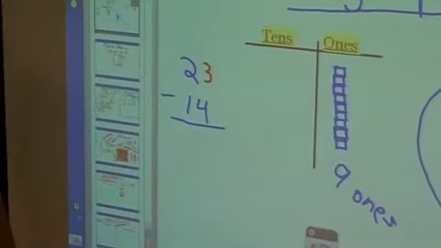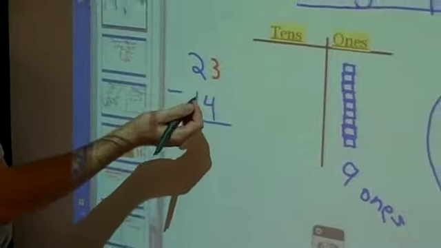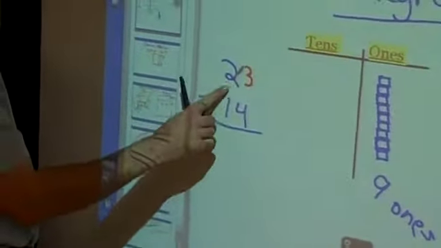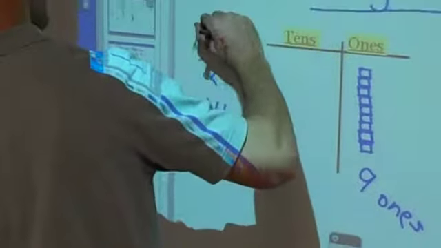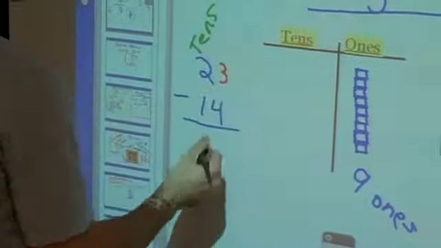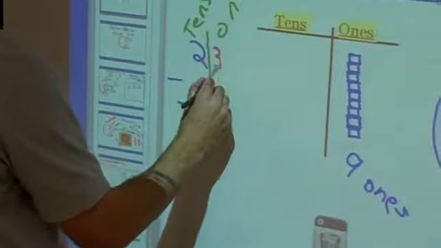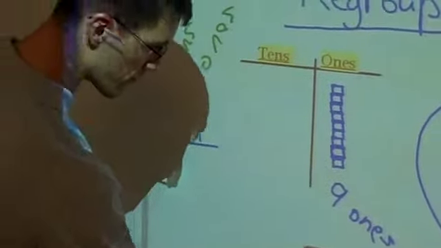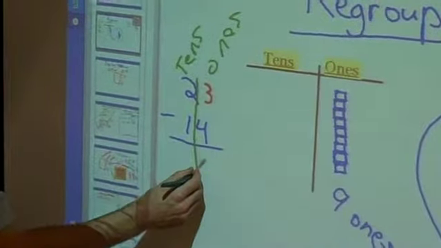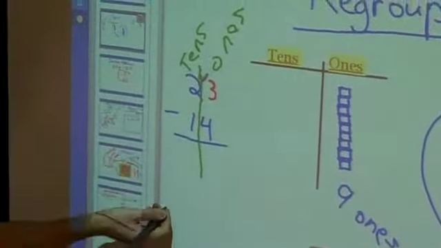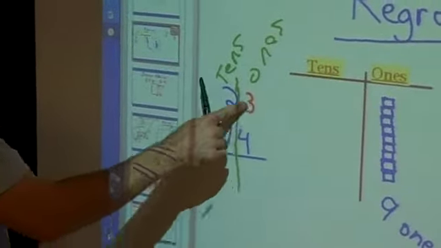Instead of actually regrouping like I did with the boxes, I still need to borrow. I still need to take from my 10s place and move it to my 1s place. Let's see if I can draw that a little more neatly. So I'm going to borrow one 10 so that I can have 13 ones.